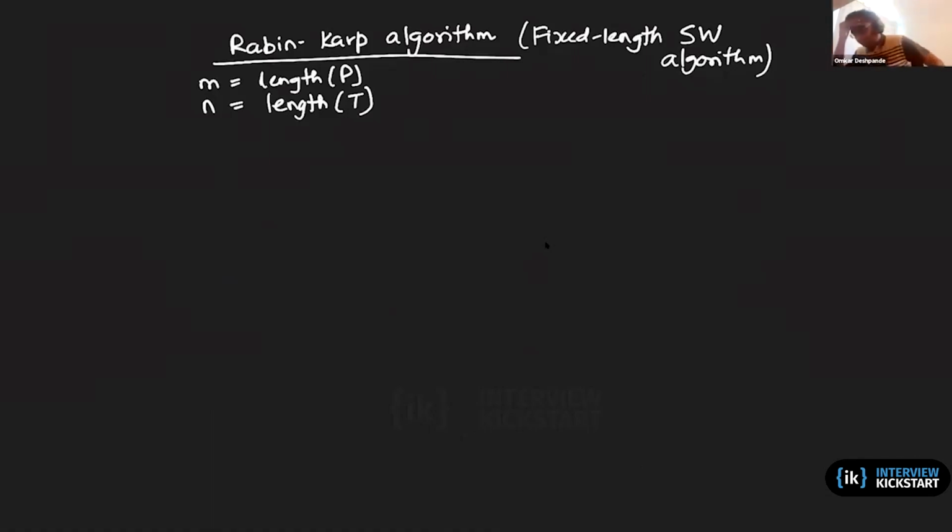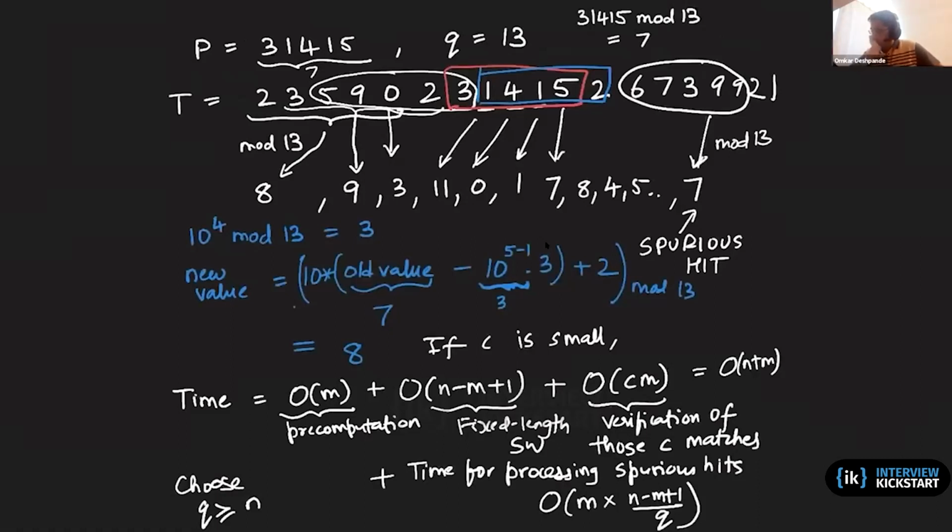In the time complexity, we already factored in verification of the matches, right? Whenever the values match, at that time we are comparing the strings to see if they are really equal or not. Then why are we explicitly adding time for processing spurious hits? Because these matches are actual matches and the spurious hits are false matches, so we want to separate the two by making those explicit comparisons.